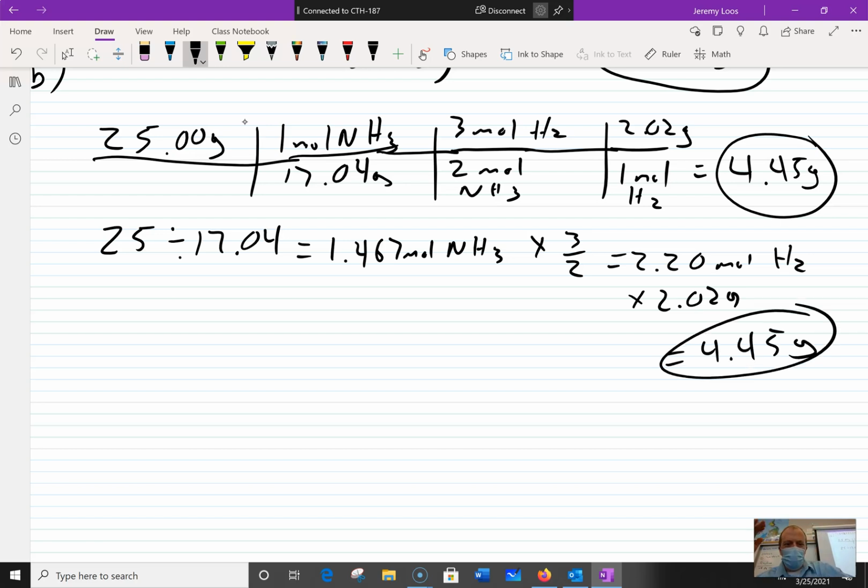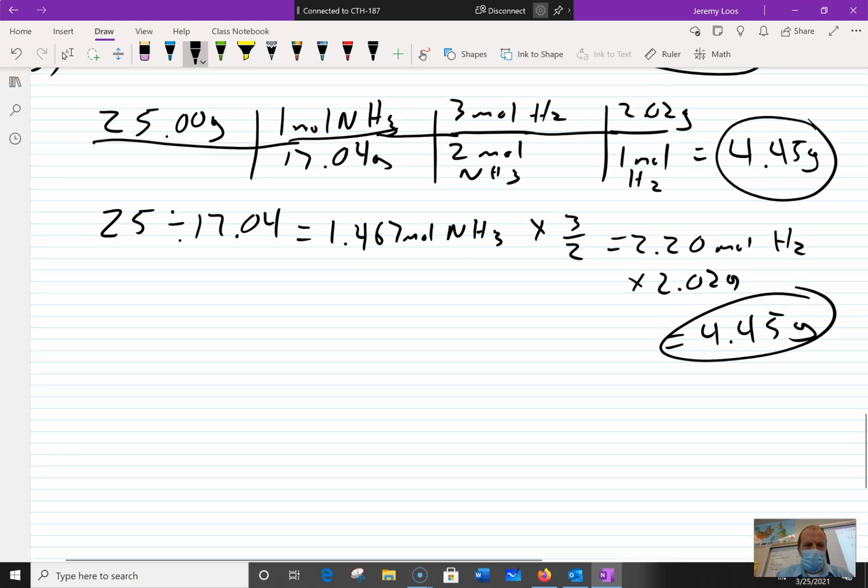And if that kind of thinking works for you and what I just said makes sense, I'm totally fine with you doing this problem this way, as long as that work needs to be there on tests and quizzes and so on to prove how you worked your way through the problem. So I'm fine with it either way, as long as we're not making rounding errors and things like that.